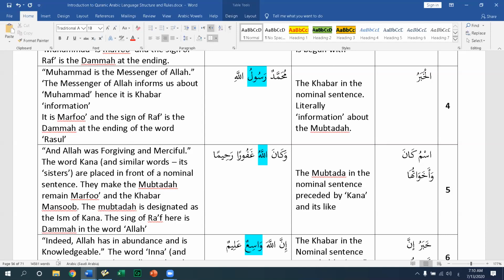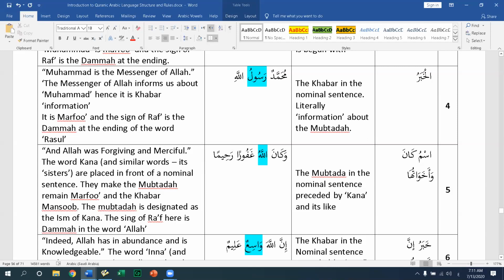Is something called al-sifatul mushabbaha bism al-fa'il, nouns that resemble ism al-fa'il, the doer of the action. The word ghafur and the word rahim are asma mushabbaha bism al-fa'il.